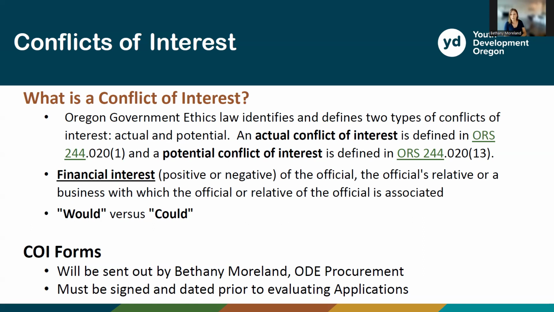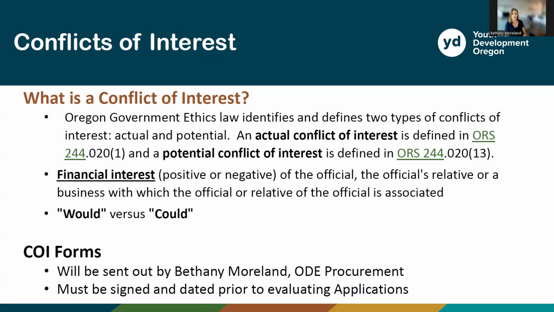But the important thing that you need to keep in mind is that the state of Oregon defines conflict of interest as actual or potential, as well as from the perspective of financial interest.